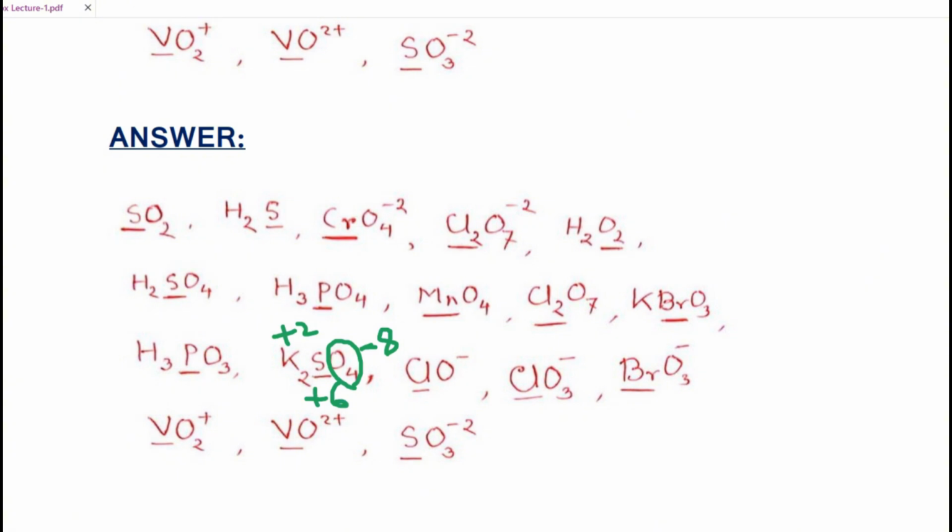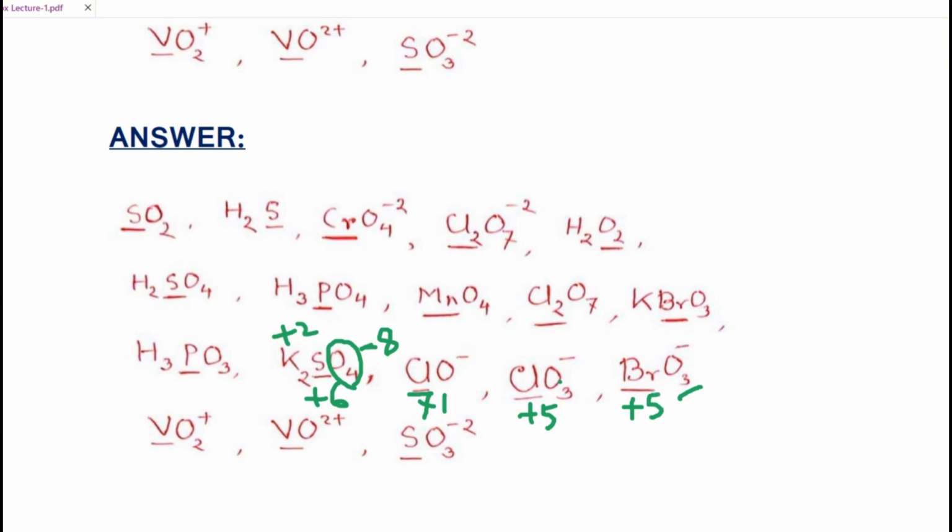This is chlorine, if you chlorine you will get plus 1. Here 3 to the 6 minus 1, so chlorine you will get plus 5. If you calculate 3 to the 6 minus 1 plus 5, you will get bromine.